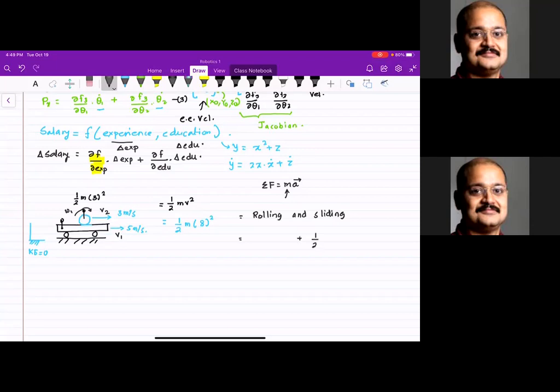So I'll start with the easy part. Sliding, everyone clear about sliding? Now the same argument applies to rolling. Is this cart rolling?